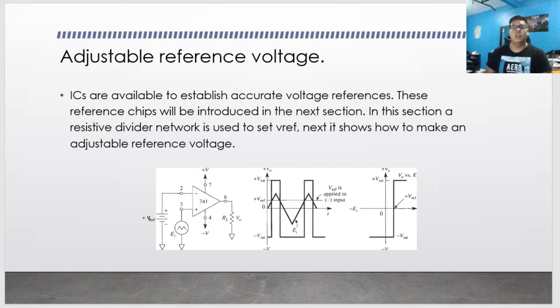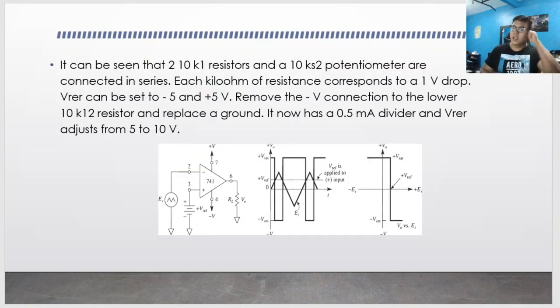Next, it shows how to make an adjustable reference voltage. We can see that there are resistors and potentiometers connected in series. Each resistance corresponds to one voltage drop. The voltage in this circuit is variable depending on the resistance, and that controls the output.